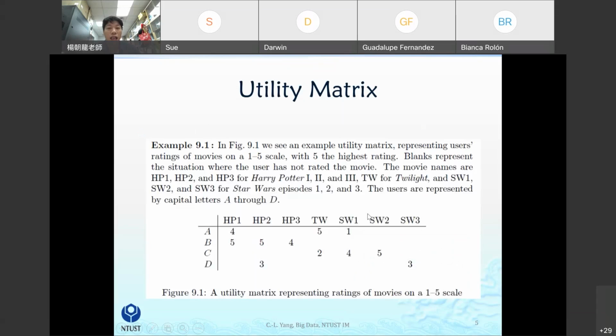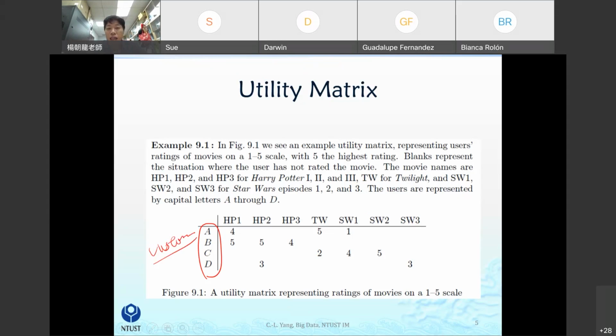Let's take a look at a very simple utility matrix. It's about movies. I actually copied this from one of the textbooks. It's a very entry-level book, but it's useful for me. For example, as you see in the table here, the information here is A, B, C, D, which are basically the customers, the users.